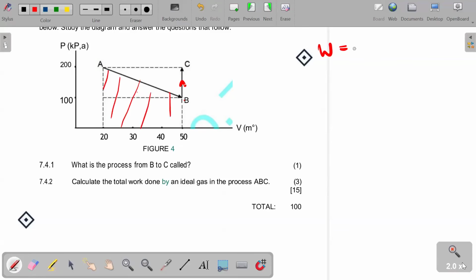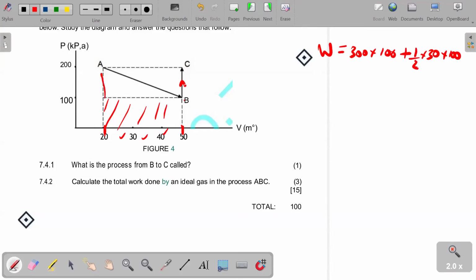So we'll say area of the rectangle plus the area of the triangle. The distance from this point to this point is 30, multiplied by 100. That's the rectangle. Plus, we have a right angle triangle on top, half base times perpendicular height. So it's half of 30 multiplied by 100, because this length here is 100 as well.